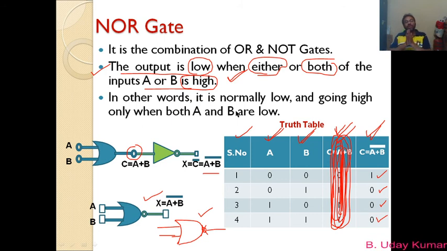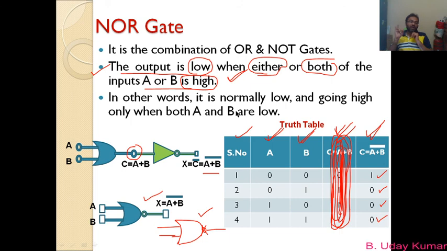Remember, NAND gate and NOR gate are also an important concept for your board examinations or competitive examinations. Remember, these NAND and NOR gates are called derived gates. So the basic gates are AND, OR and NOT gate, right? So we have 3 basic gates.